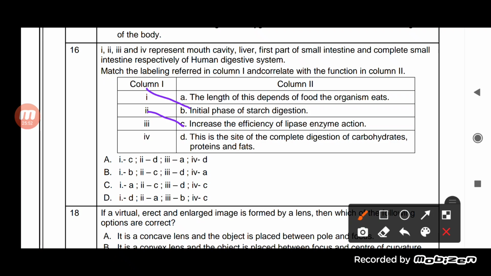So we can say this is the site of complete digestion of carbohydrate, protein and fat. And the final, the complete intestine: the length of this depends upon the food the organism eats. So ultimately the answer will be the second one. The second one will be the correct option.